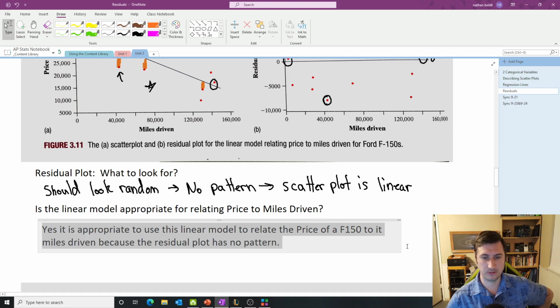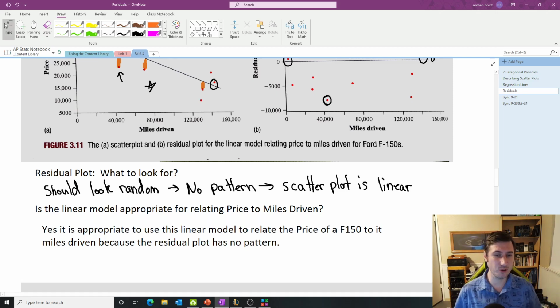Therefore, yes, I am perfectly okay using a linear model.